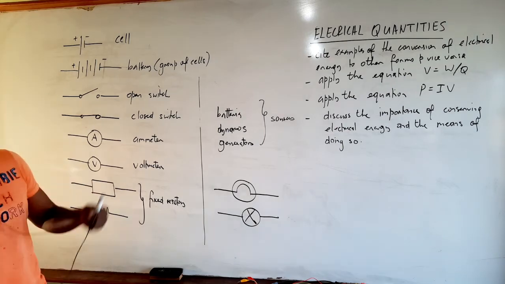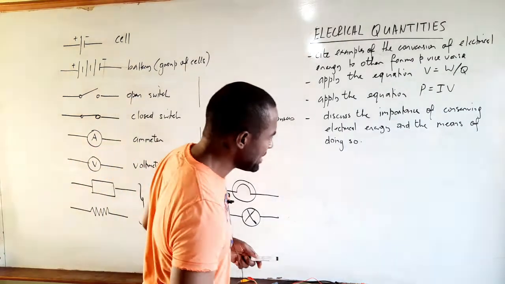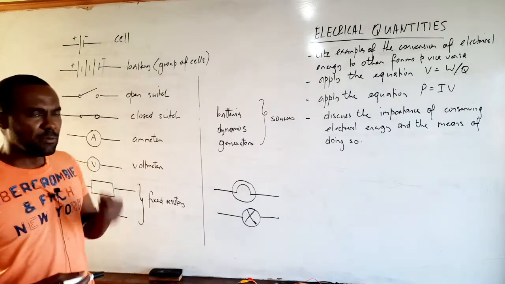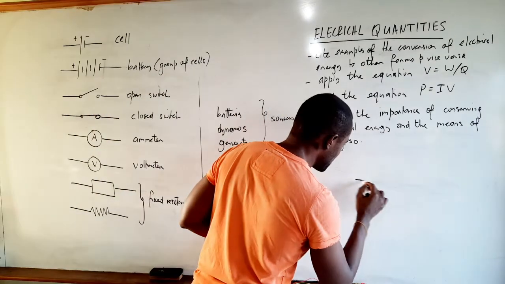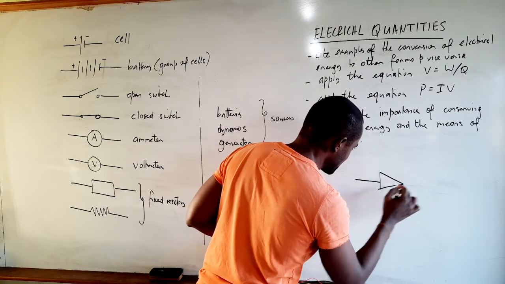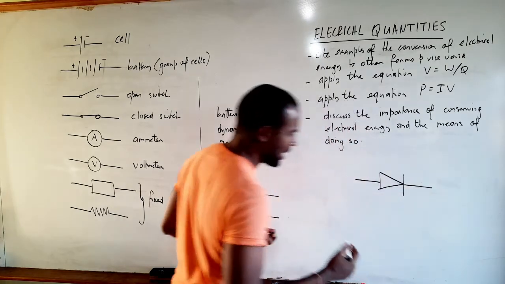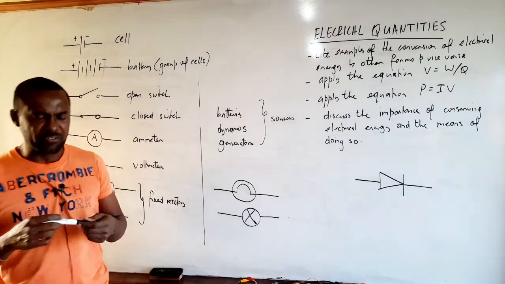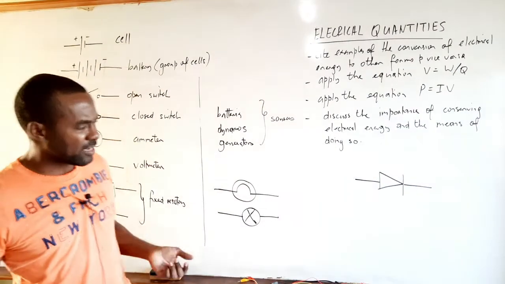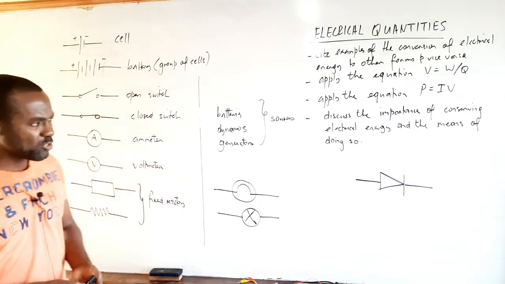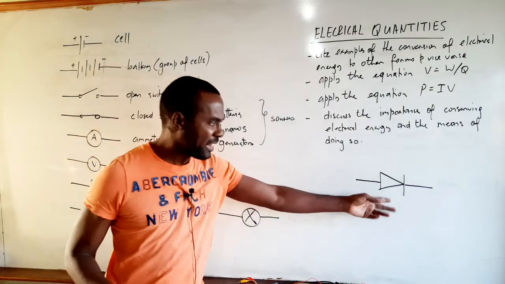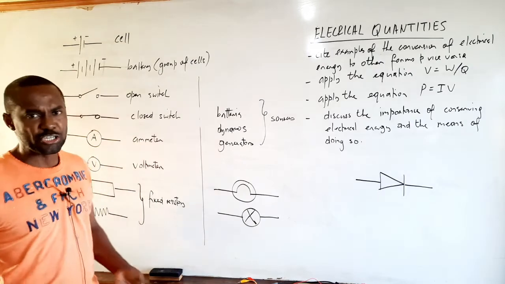And there's also a form of diode called an LED, which is able to convert electrical energy into light energy. LED stands for light emitting diode, and it is a diode which gives off light, so it converts electrical energy into light energy.